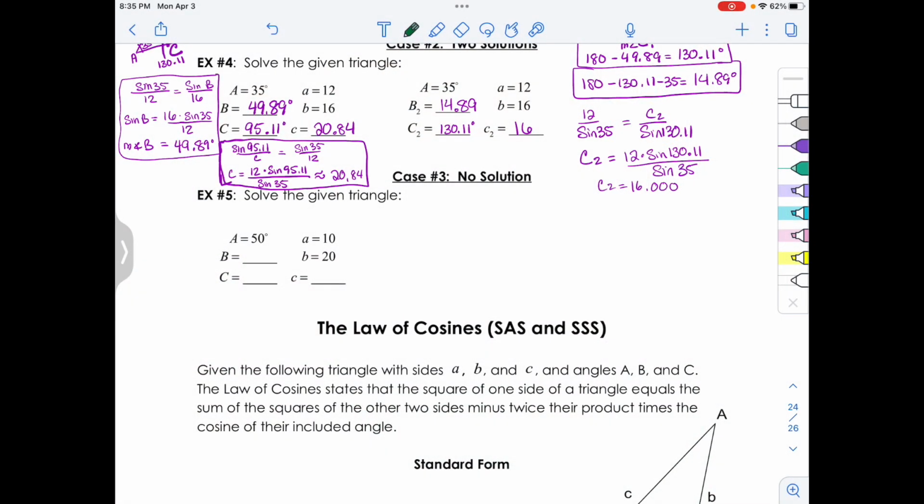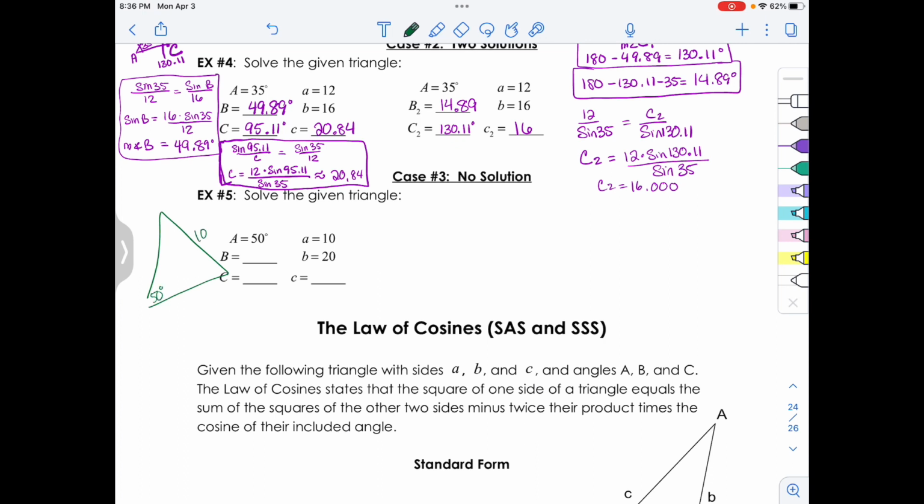In the case where there's no solution, when you try to find that angle, you're going to get an error. It's going to cause a problem. So what happens in this one, here's our triangle. We lock in angle A as 50.